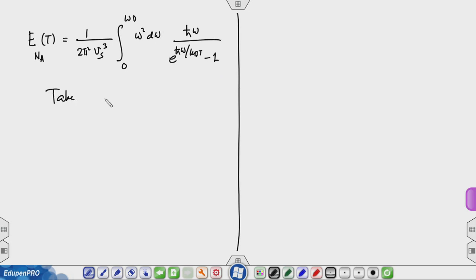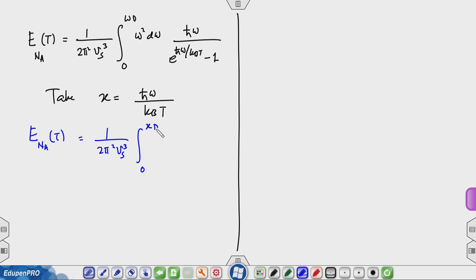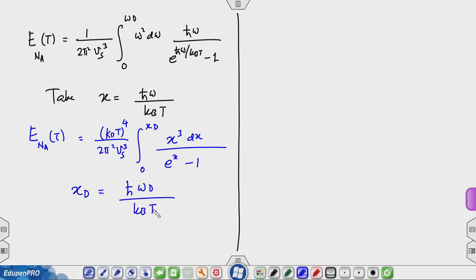Take x equals h cross omega over kBT, then you can write this E for Na T equals 1 over 2 pi squared Vs cubed integral 0 to xd. Outside I get kBT raised to 4, x cubed dx over e raised to x minus 1, where xd is equal to h cross omega d over kBT, and omega d is determined by the number of atoms.